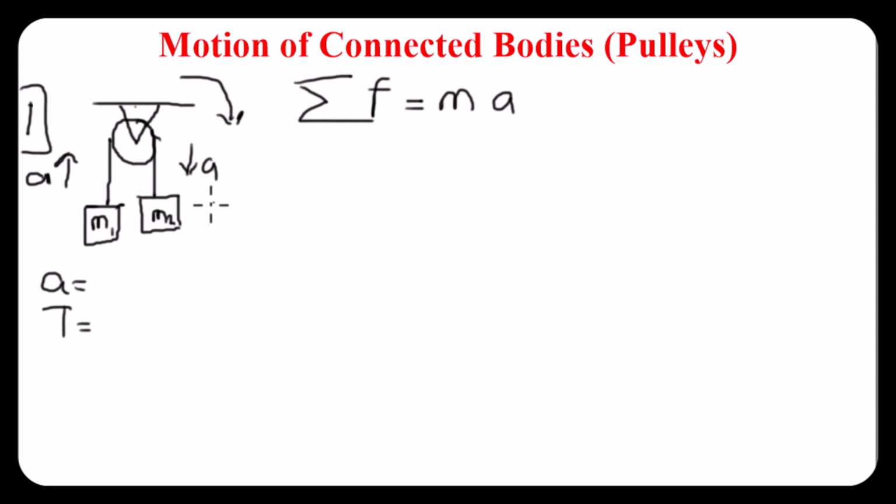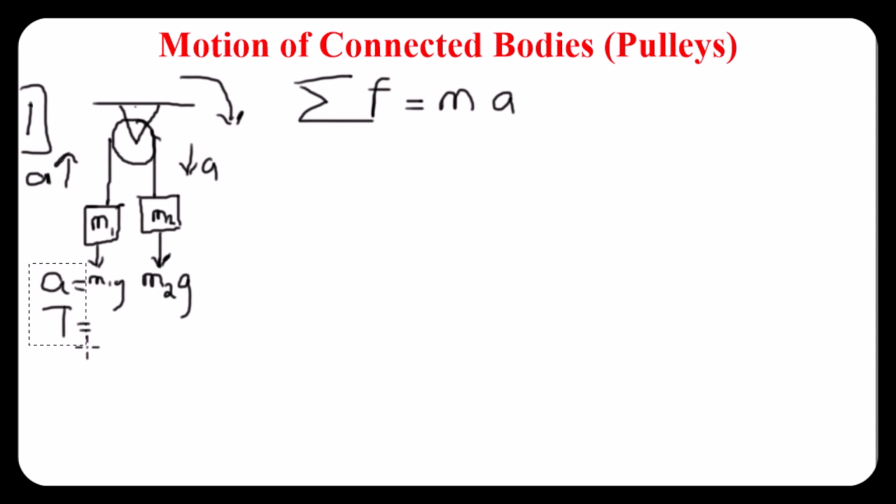From statics, we know that all objects will experience a weight force, or the force of gravity, which always points downward. So M2 will experience a force of gravity that we can call M2g, and M1 also will experience a force of gravity that we can call M1g.